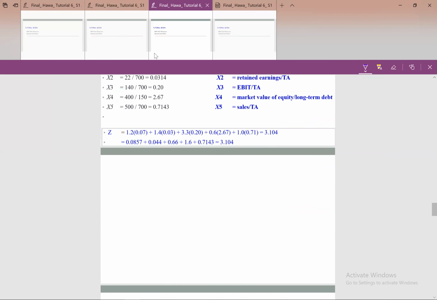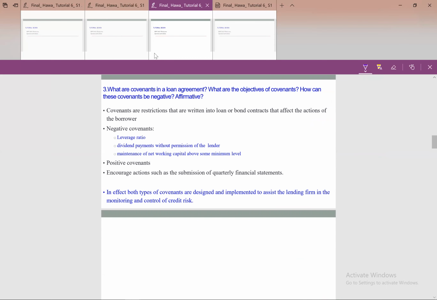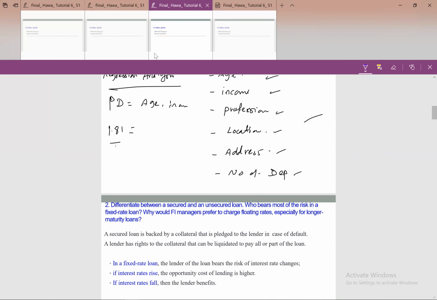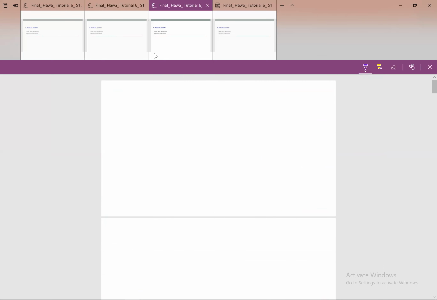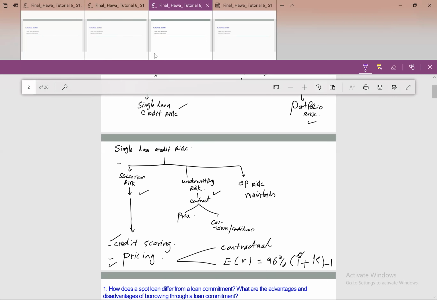Now let's go to the next issue. Any question? Can I proceed? Any question at this stage? Anyone?